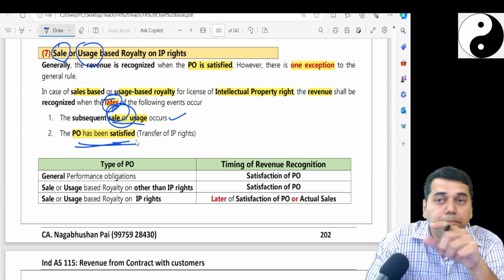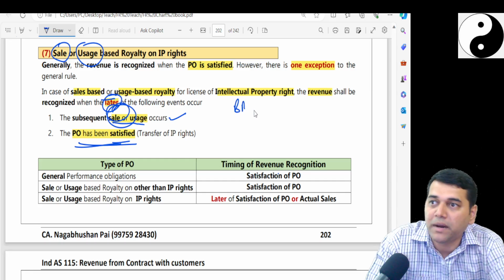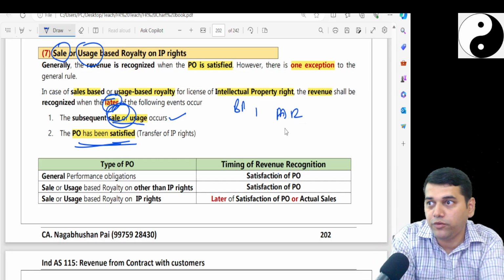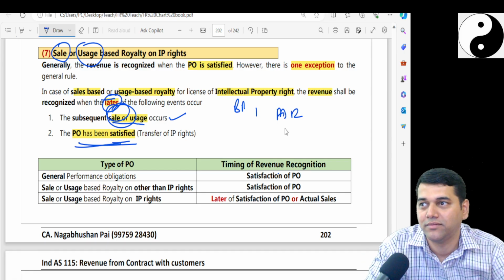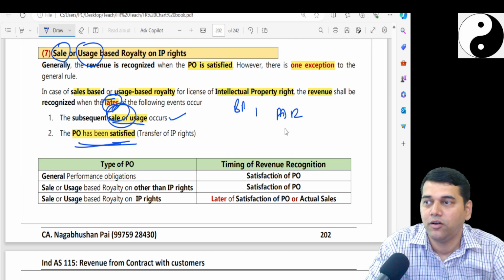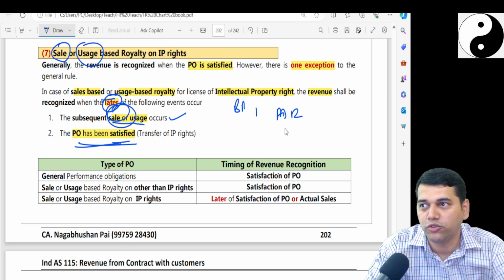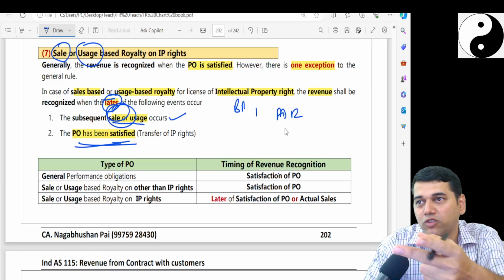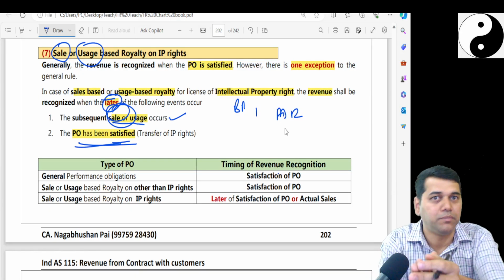Now it can happen that Bahubali movie part 1 and part 2, I will give together as one combo. On day 1 I know that Bahubali 2 is going to come. That means there are 2 intellectual properties I will club.